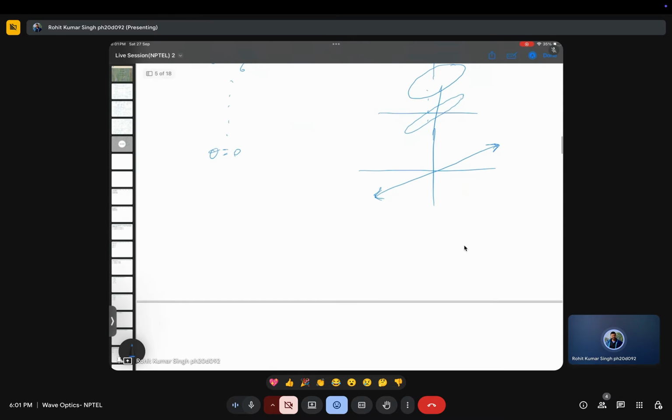So as theta increases from 0, you go to this, then it becomes a circle, then you go to this, and then you get a straight line at theta equal to pi, and this pattern repeats in each pi.